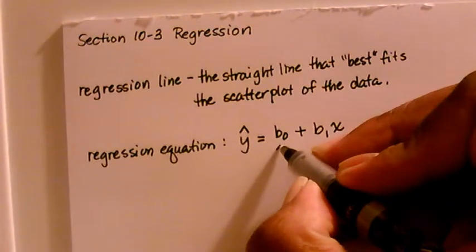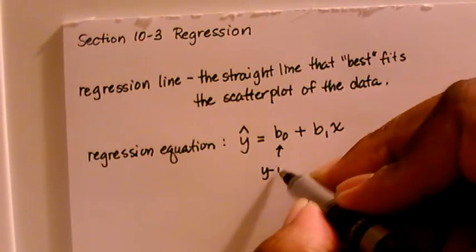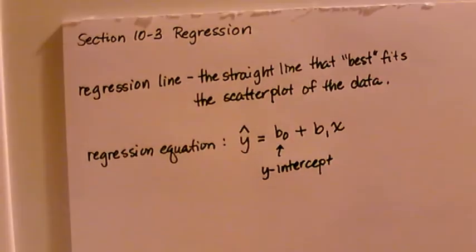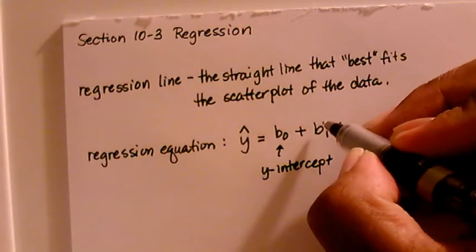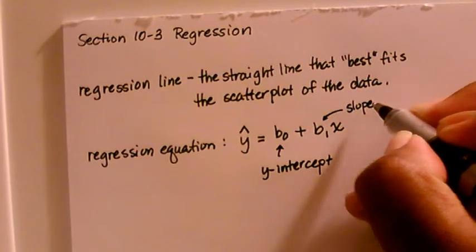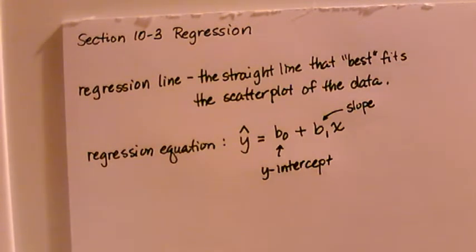In this case here, your b sub 0, that's called the y-intercept, and that's the point where the regression line will be crossing the y-axis. And b sub 1, that's the number in front of x, that's the slope. The slope measures the steepness of that line. Okay, so in that case, right there, we do have an equation in slope-intercept form with a slope and a y-intercept.